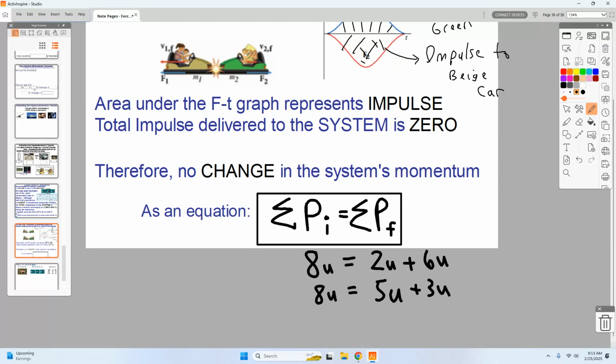The tricky part is that momentum is a vector. You might remember that when 2 cars are going in the same direction, their relative velocity is reduced, but when they're in opposite directions, their relative velocities are quite larger. If I have 8 units come in, and this one rebounds with a momentum of, let's say, 2 units in the opposite direction, so it's coming in this way, and it hits and bounces back, what must be the momentum of the other one to still have 8?